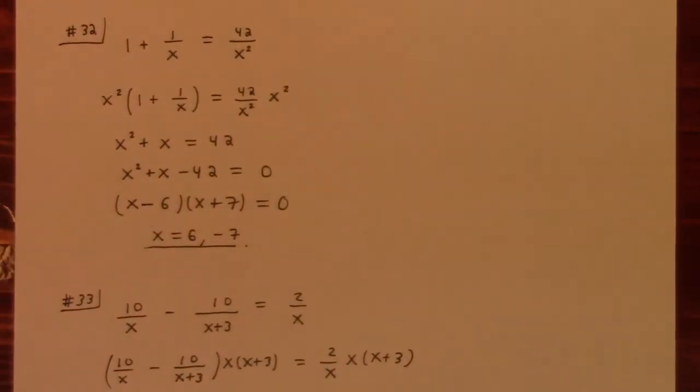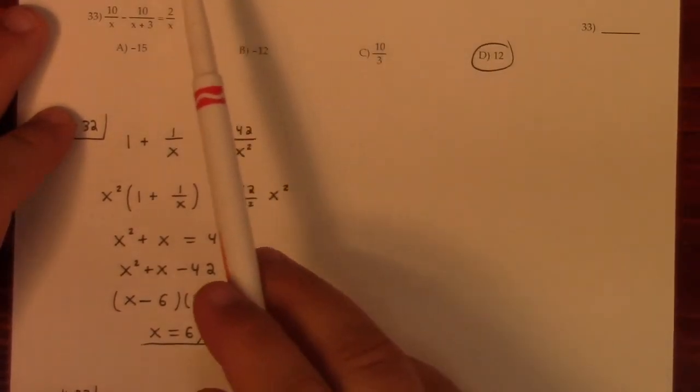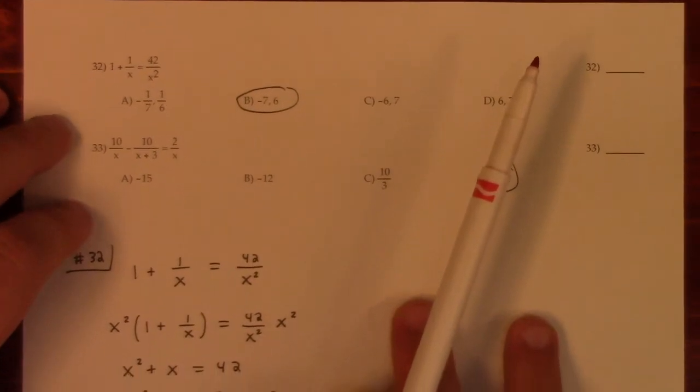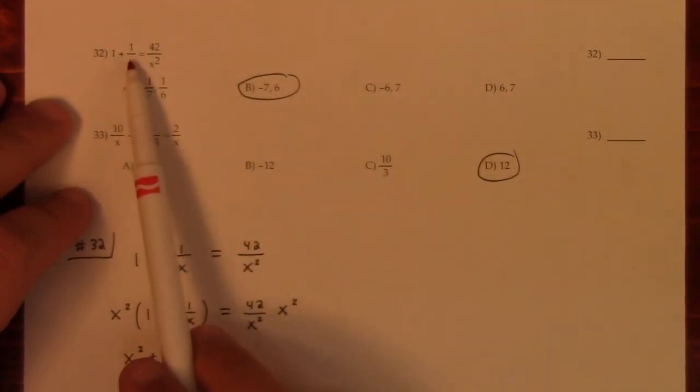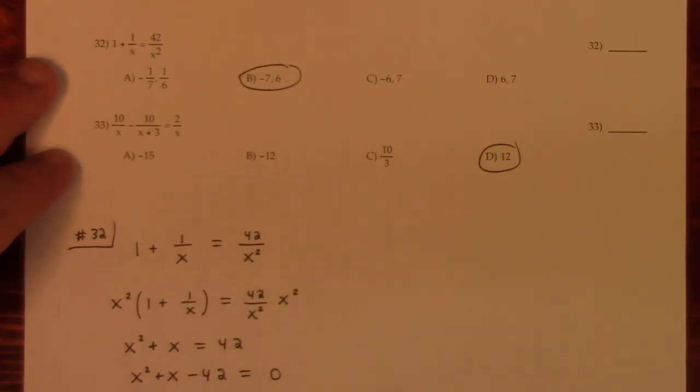Number 30, oh, I got the work down below, so number 32 here: 1 plus 1 over x equals 42 over x squared, so I solved it down here.